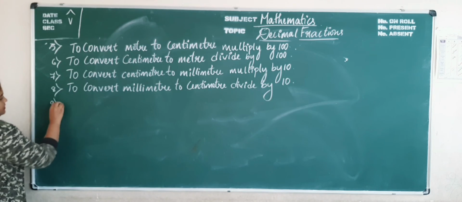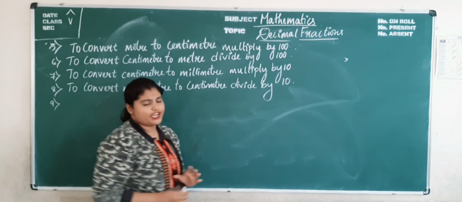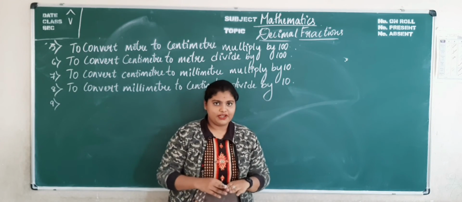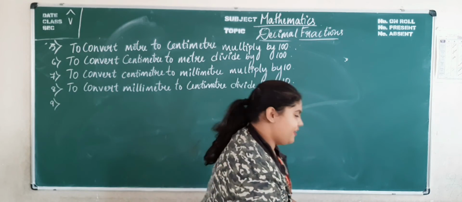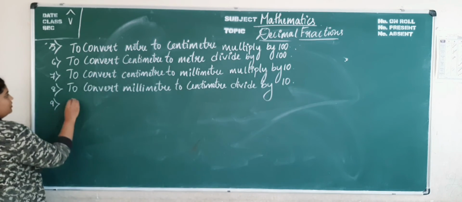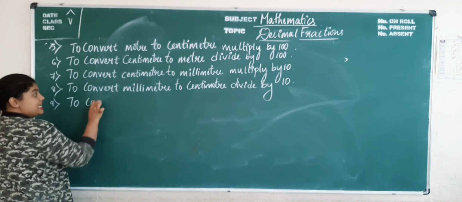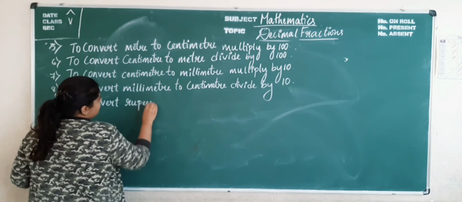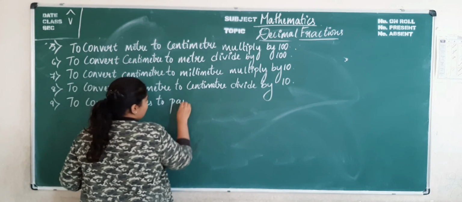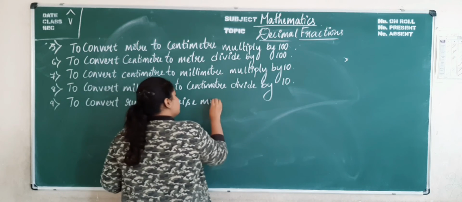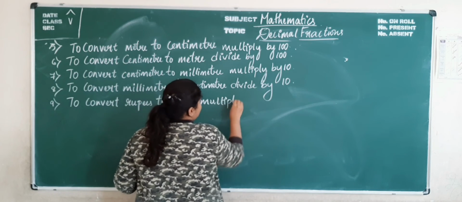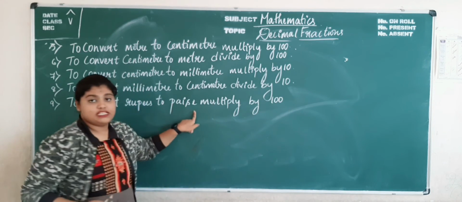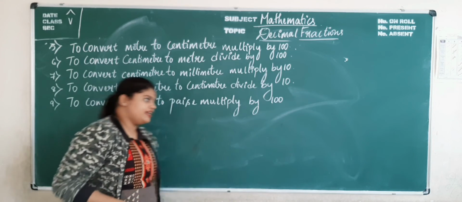In your lower classes, that is in your 3rd, 4th standard, you have learned rupees conversion to paisa, paisa to rupees. Do you remember? Okay, fine. To convert rupees to paise, multiply by 100.